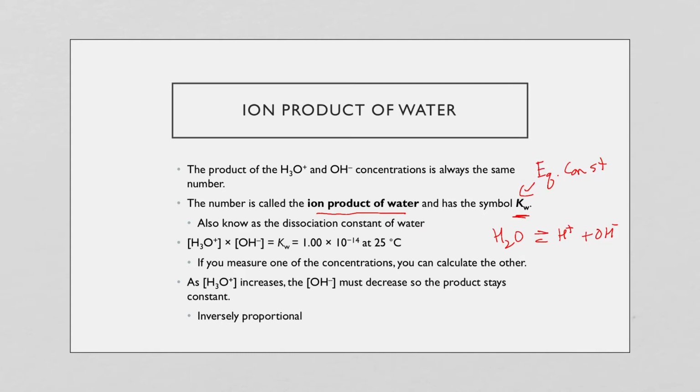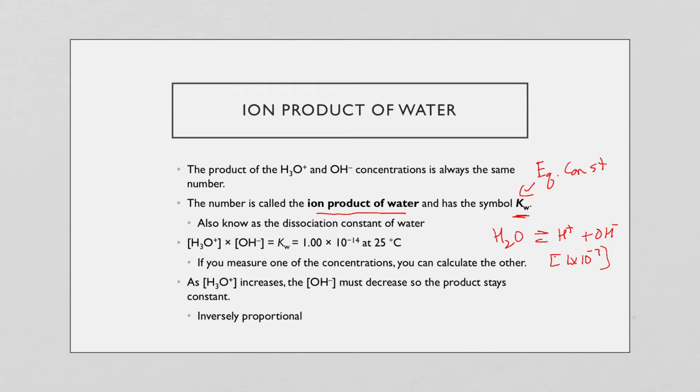And so hydronium times hydroxide equals Kw, and if we put in for each of these, remember the concentration equals 1 times 10 to the minus 7 in pure water.